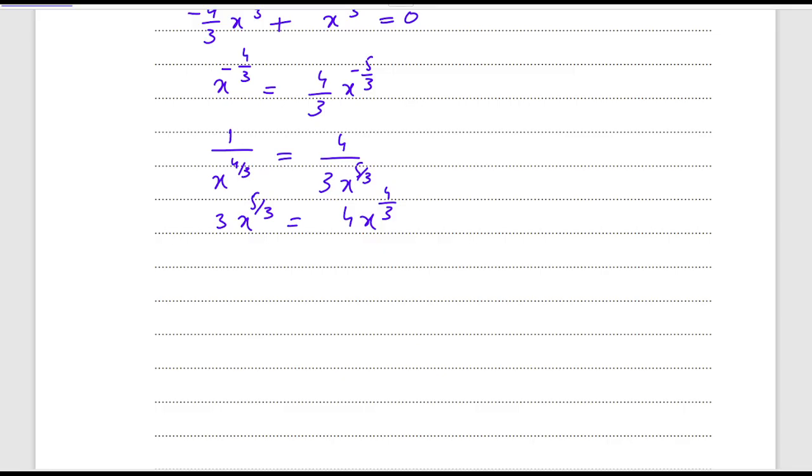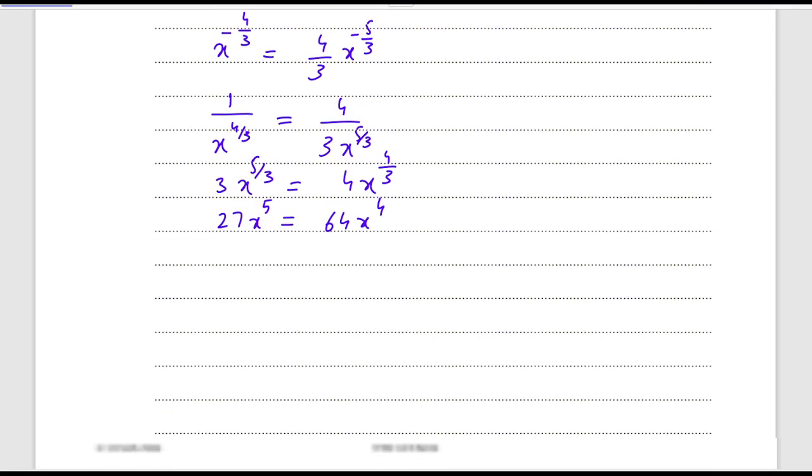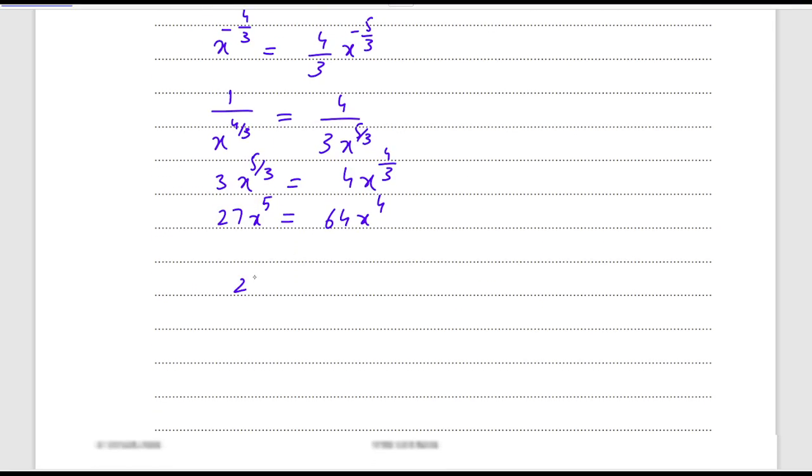To cancel out the power 1 over 3, take the cube on both sides, so we get 27x to the power 5 equals 64x to the power 4. Moving everything to the left, we get 27x to the power 5 minus 64x to the power 4 equals 0.